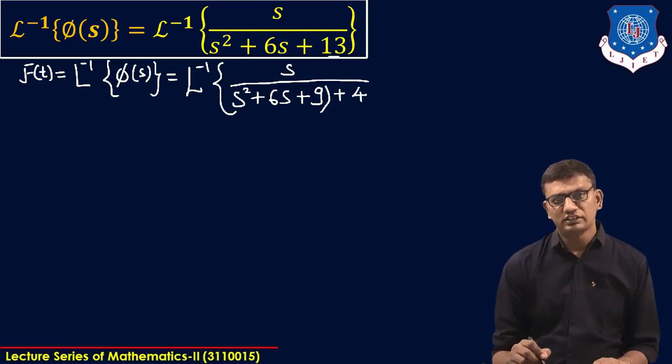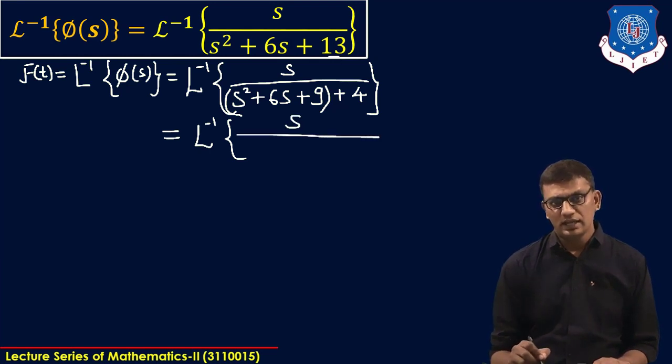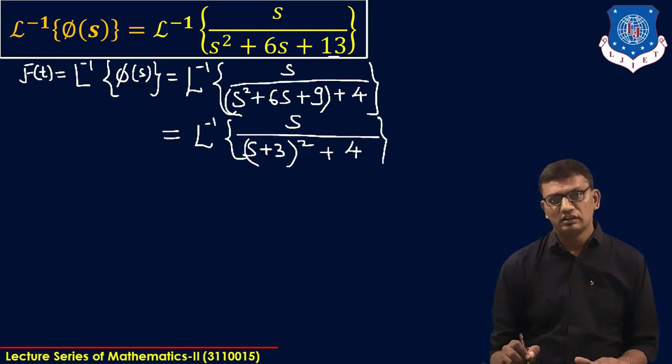Here we rewrite 13 as 9 plus 4 because we get the perfect square s square plus 6s plus 9. So L inverse of s upon (s plus 3) whole square plus 4.